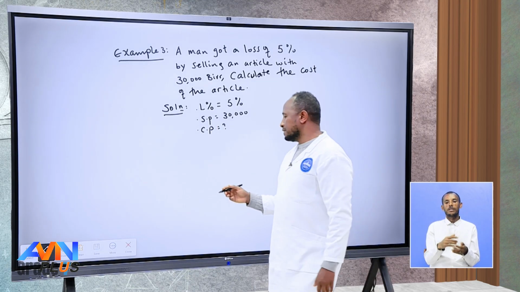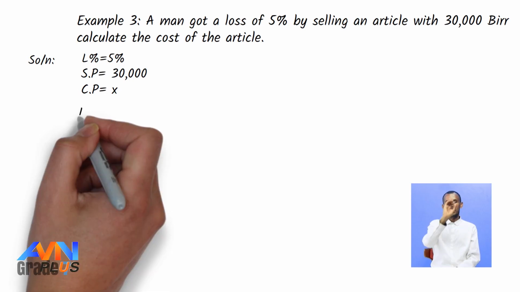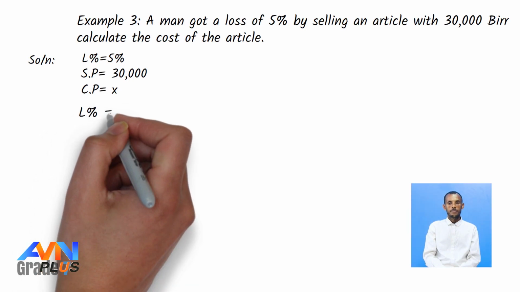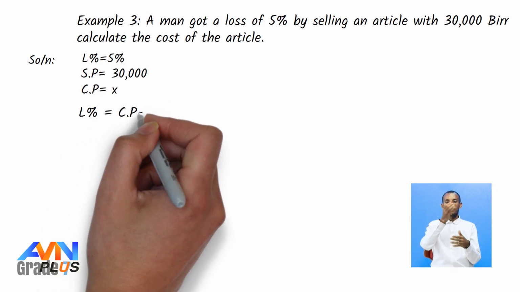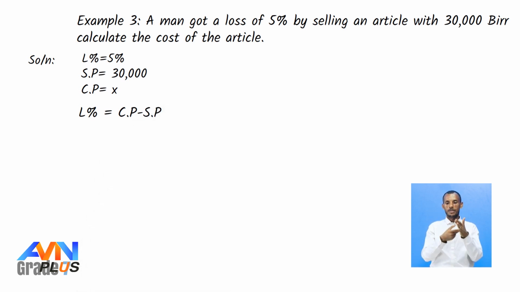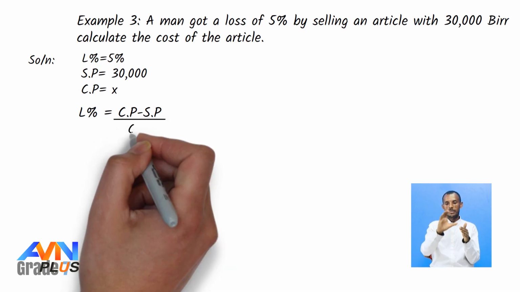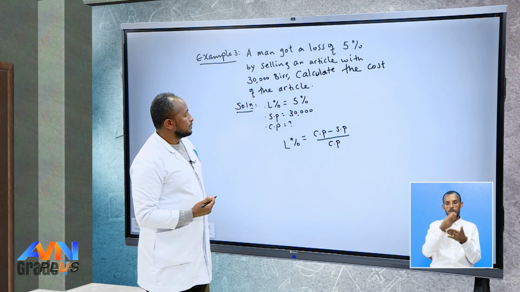Therefore, to calculate the loss percent, we use the equation: loss percent is given by loss, that means cost price minus selling price, divided by the cost price. This is the equation to calculate loss percent.